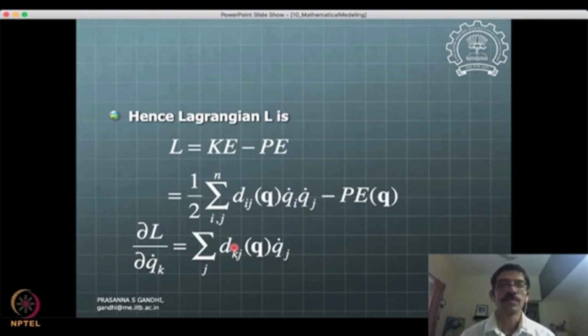Like that we do it now, so you can do further for other terms, like d by dt of del L by del q dot and del L by del q. These kinds of terms you can express in a similar fashion, and try doing that yourself first, and only then go ahead and look at the further part of the lecture.